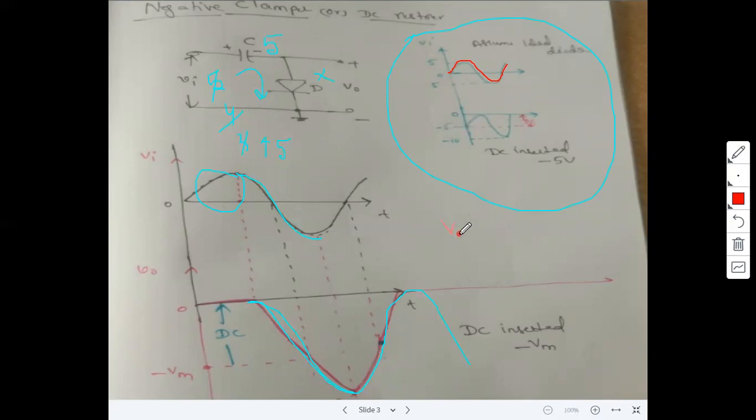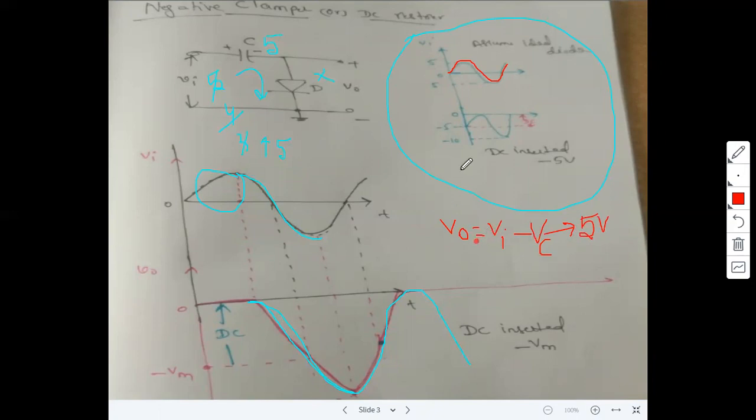Why? Because V0 is equal to Vi minus Vc, the voltage across the capacitor. This is already charged to 5 volts. This is fixed. The voltage across the capacitor is fixed.